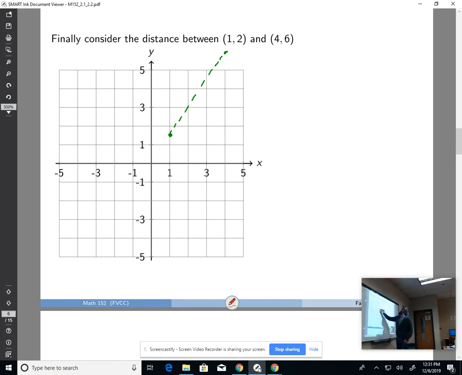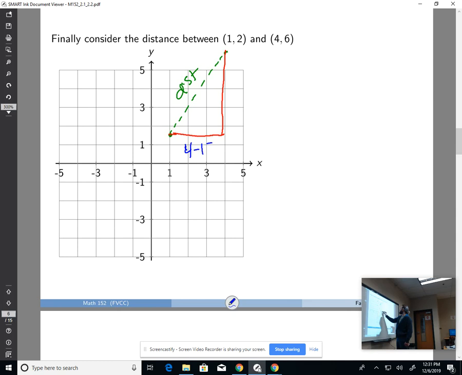Again, we have our triangle, and we're looking for this distance. What do we have for the sides?